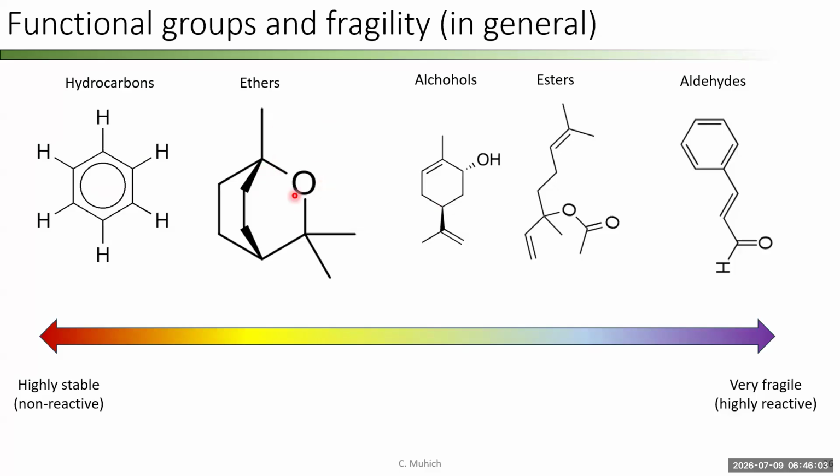So ethers, that oxygen is somewhat buried. Next comes alcohol, it's exposed. Esters have two oxygens around that enables the electrons to move around and form new bonds. And then aldehydes, generally we can put out here as highly fragile, highly readily attacked.